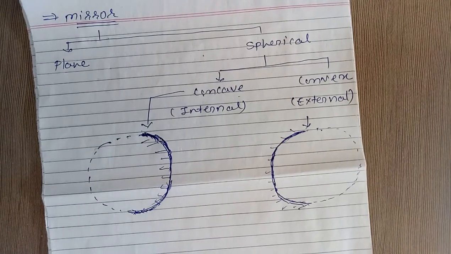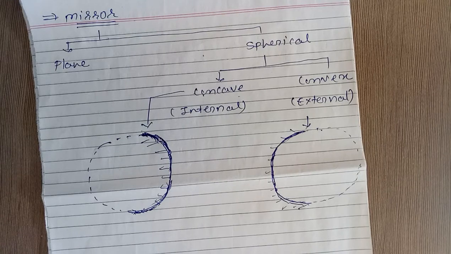Once again I repeat, there are two types of mirror, plane mirror and spherical mirror. Plane mirror, you already studied in your standard 10. We study now spherical mirror. There are two types of spherical mirror, convex and concave.